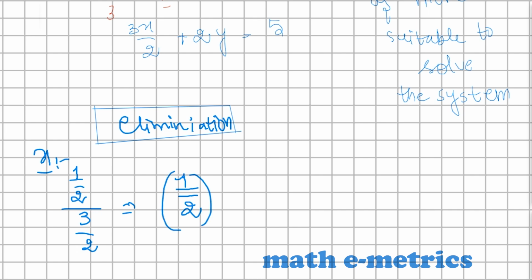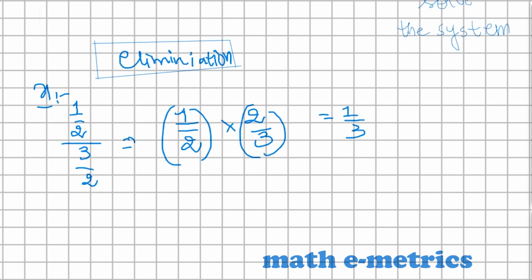See, you can write it as 1 by 2 times 2 over 3. You flip this denominator. Like this. Do you understand? Yeah.